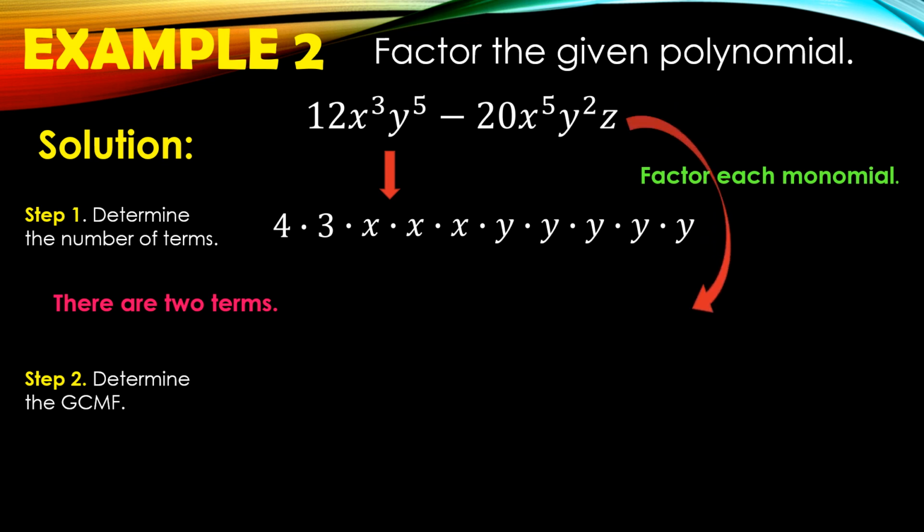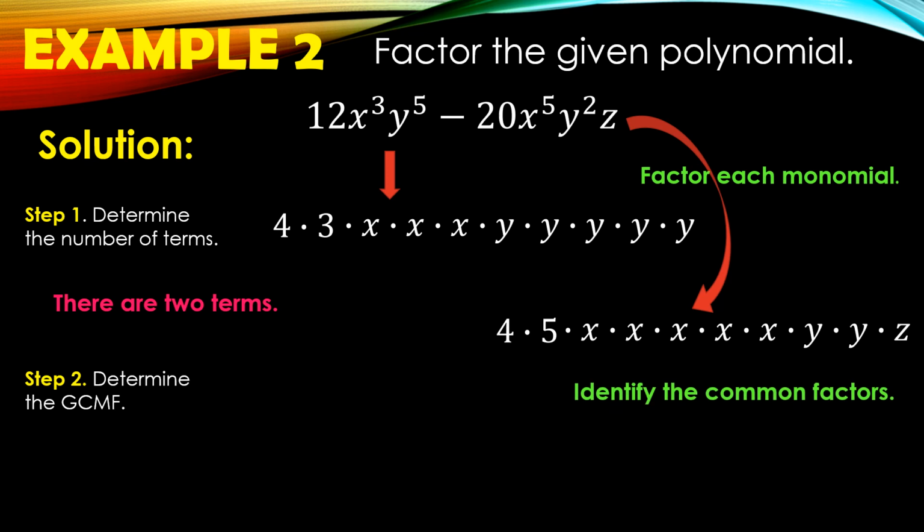And then the second monomial you factor out. 20, the factors are 4 times 5. And then factor out the variables. X raised to 5, so there are 5 x's. Y squared, so there are 2 y's. And z.